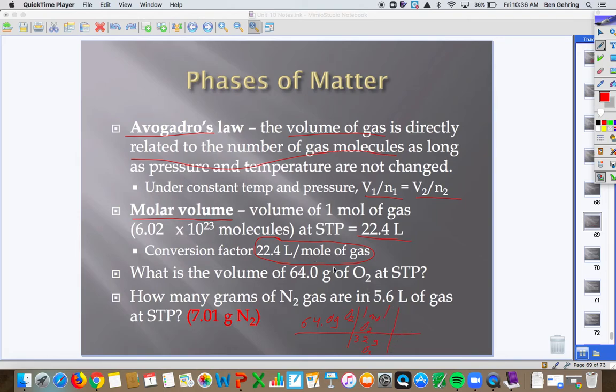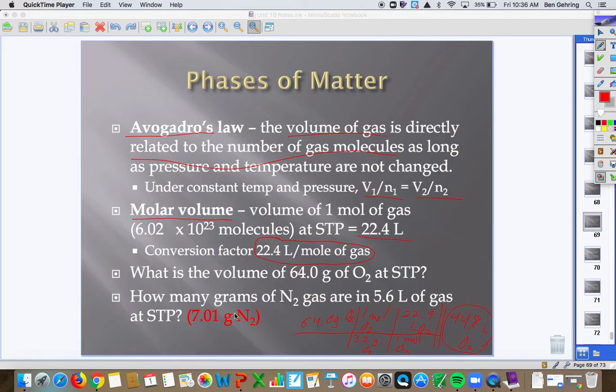And now I know that in 1 mole of gas, I get 22.4 liters of gas. So if I take 64 and divide it by 32, I'm going to get 2, and 2 times 22.4 is going to be 44.8 liters of oxygen gas. And remember, this is at STP, so this is at standard temperature and standard pressure.